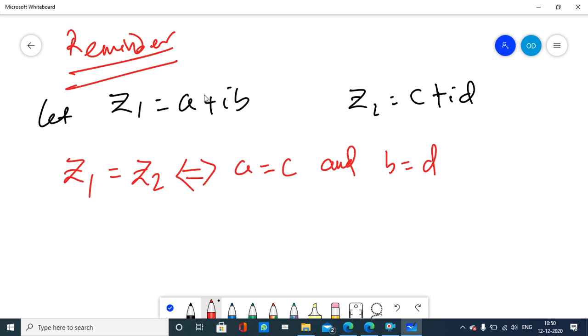The real part of Z1 and the real part of Z2 must be equal. The imaginary part of Z1 and the imaginary part of Z2 must be equal, so that the two complex numbers will be equal to each other. Otherwise not. Get my point so far?